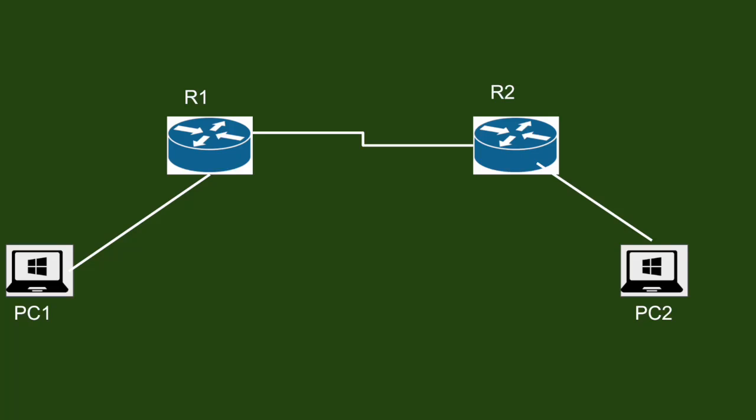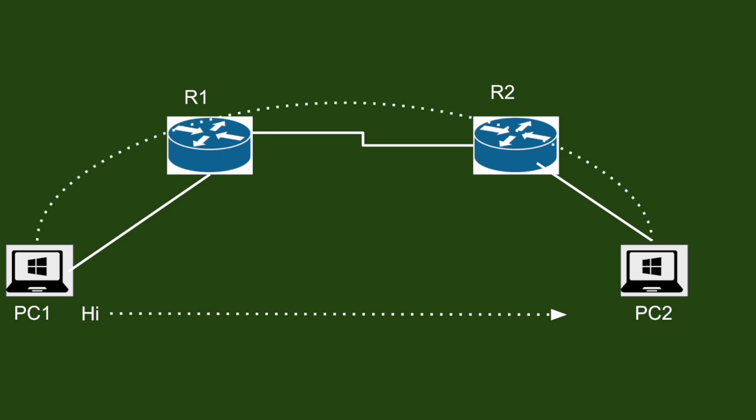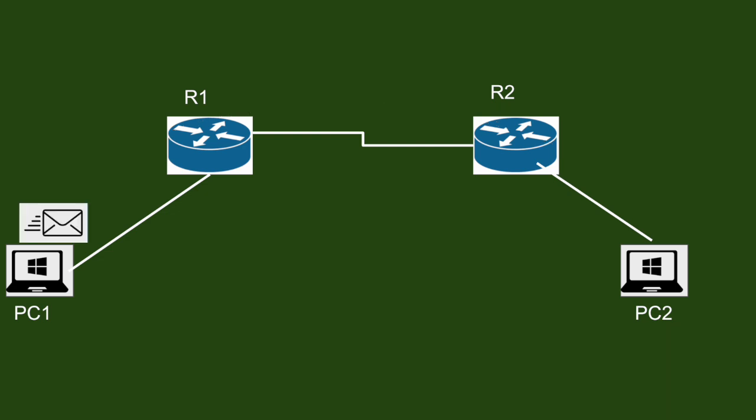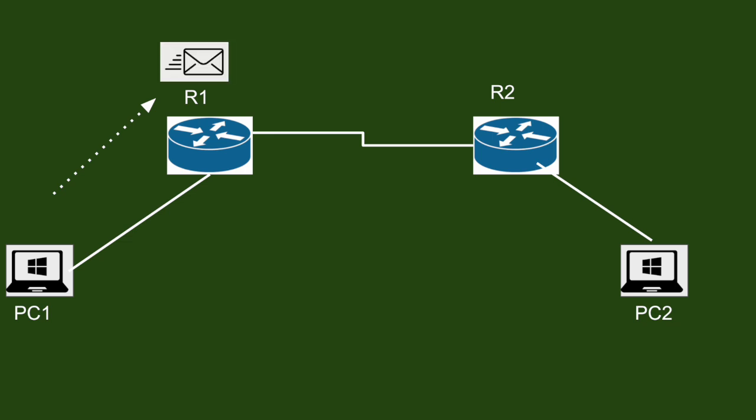So all PC1 knows is, for it to send a packet, let's say a hi, to PC2, that has to first go over R1 and R2. It first sends that packet to R1, because all PC1 knows is that for PC2 or any other destination, it needs to send that packet to R1.